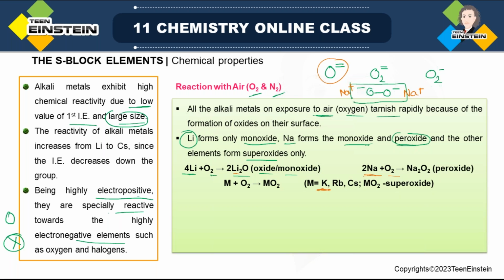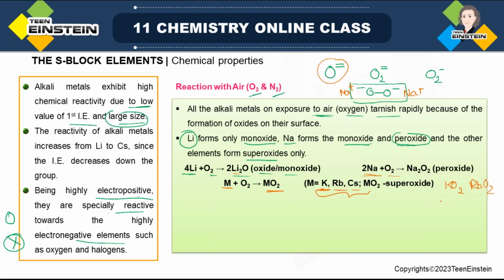After sodium, we have potassium, rubidium, cesium. And now we are representing the equation with capital M, because this equation is true for all these three elements. So this is the general equation for all these three. Now look at the formula. It is MO2. That means you can write it as KO2, or as RbO2.